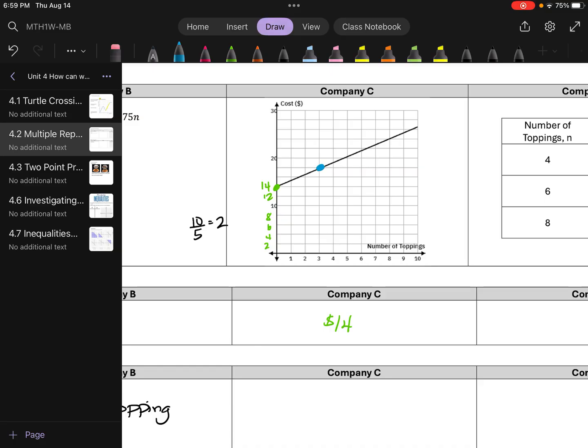So for 3 toppings, I can see that it costs $18. So this means that it costs $4 for 3 toppings.